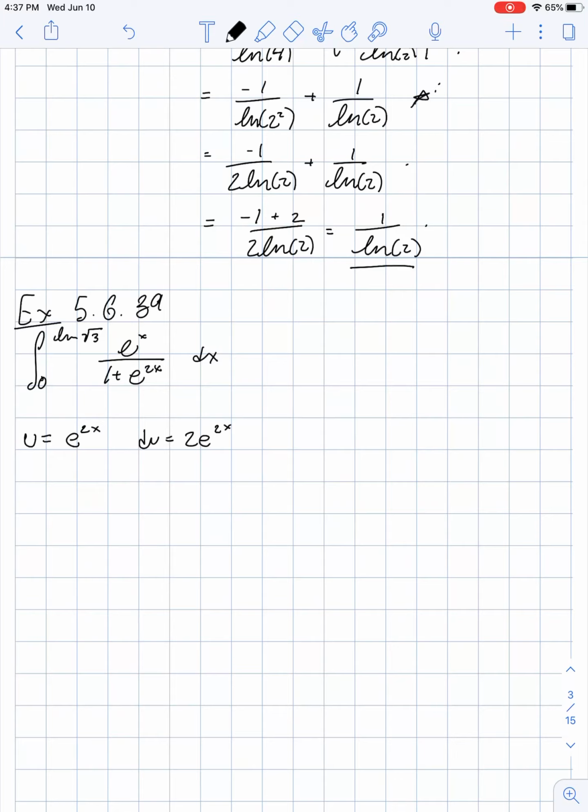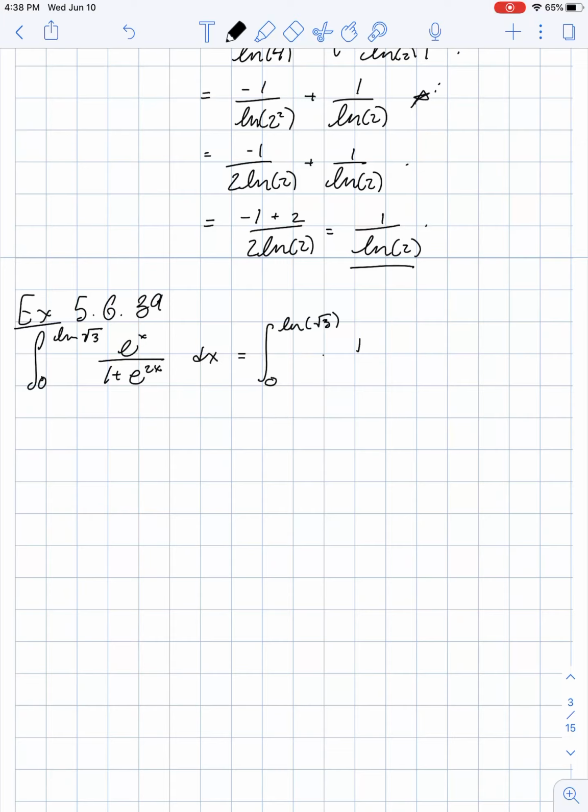So let's rewrite our integral to look like someone's derivative that I know, from 0 to ln square root of 3.